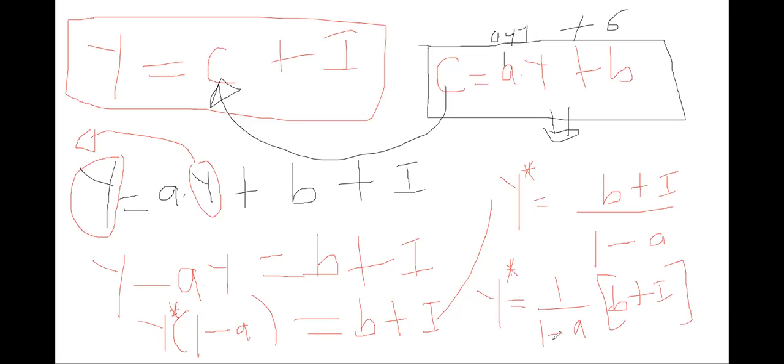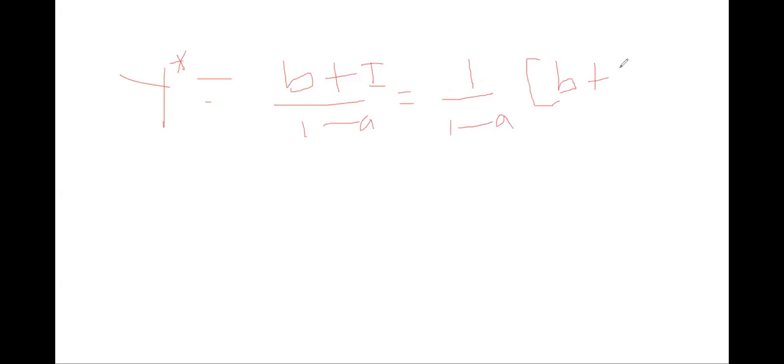This 1 over 1 minus a has a very significant interpretation in economics, which we are going to look at. We have y star equals b plus investment over 1 minus a. Equally, we can write it as 1 over 1 minus a in bracket b plus investment. As I said, this thing we call the expenditure multiplier in economics.